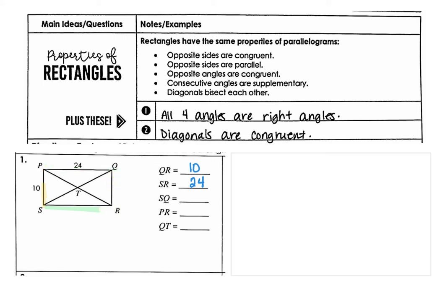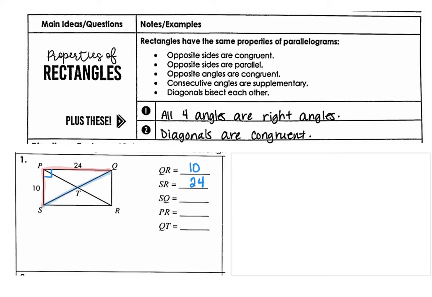Just looking at this, we don't have anything so far that they've given us to get us SQ without doing some type of calculation. SQ is right here. Now, what we do know is that we have 4 right angles. So I do know that this is a right angle, which means I do know that this is a right triangle. And I have 2 sides of a right triangle.